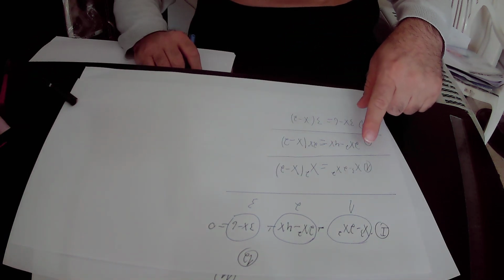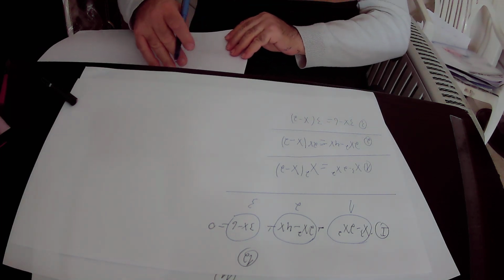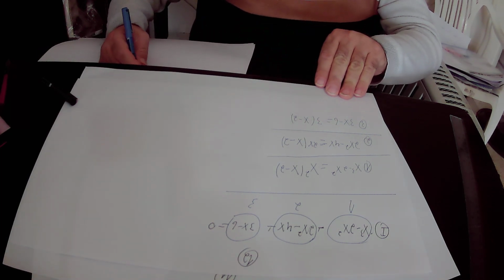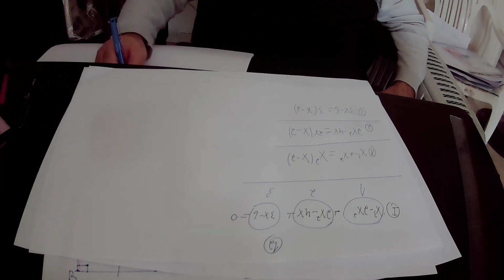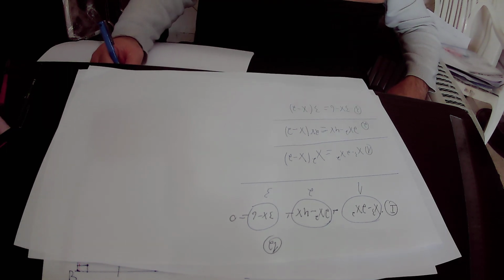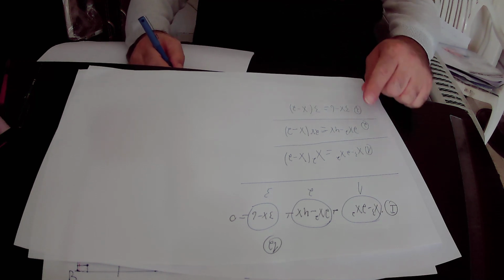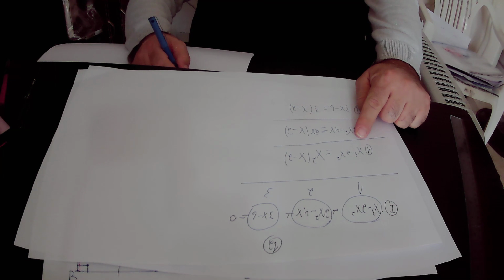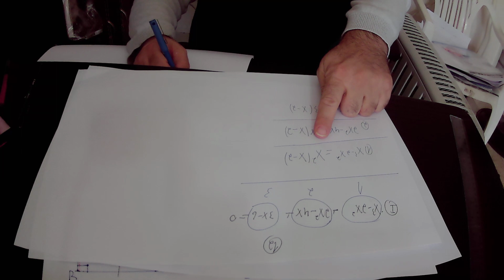Instead of x cubed minus 2x squared, we write down its identity, x squared times x minus 2.